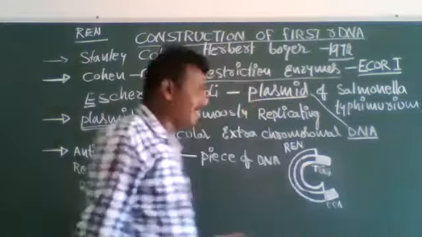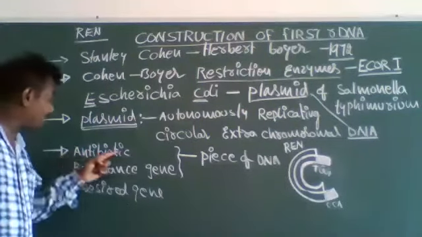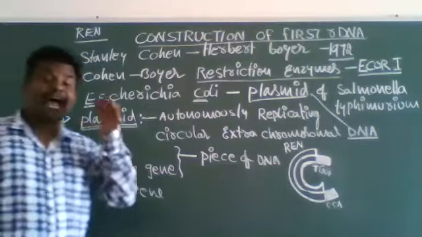That gene is called the desired gene, also called the antibiotic resistance gene.